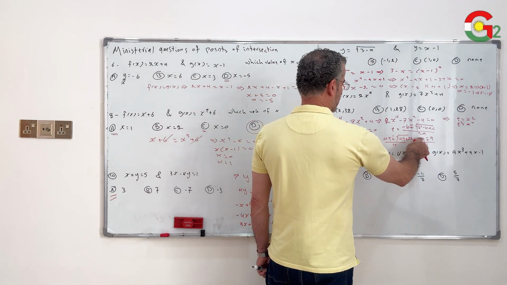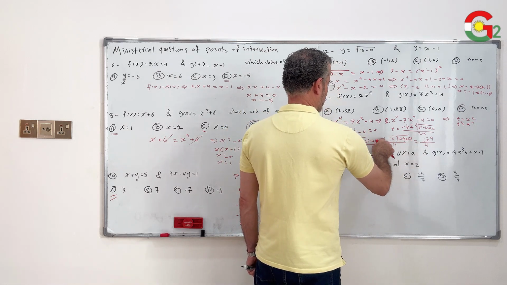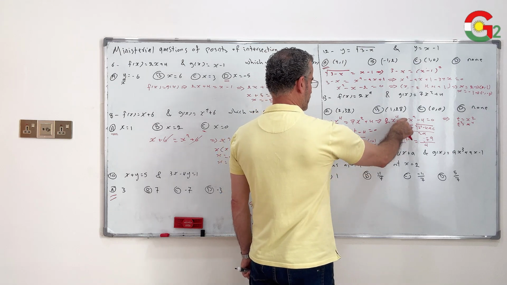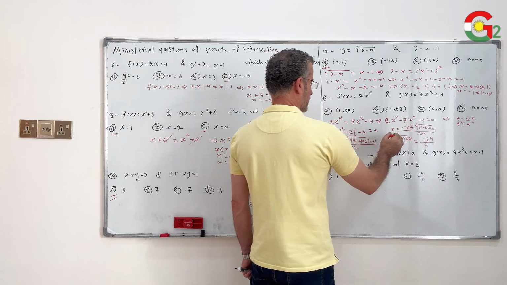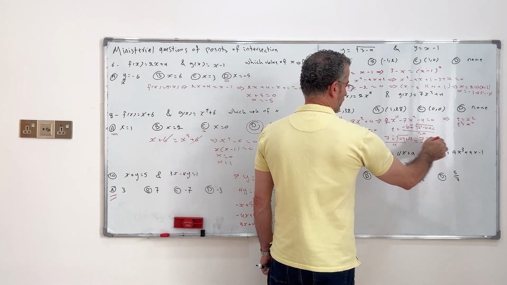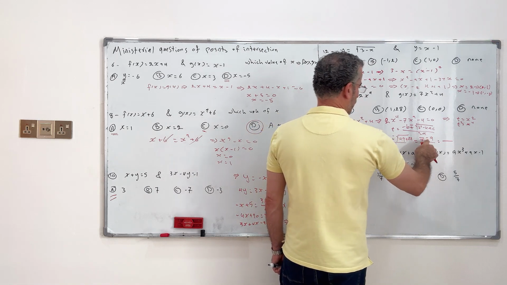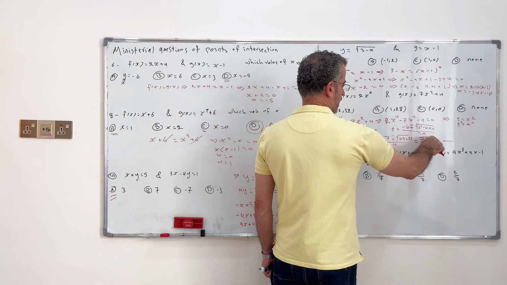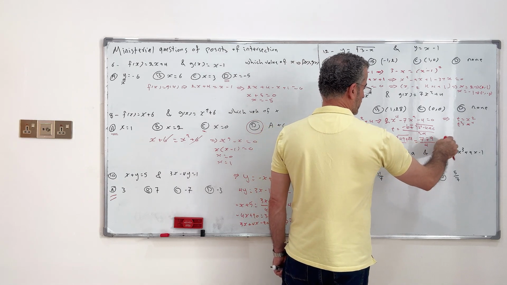Sorry, here it is minus b, minus minus 7, it is 7. Now, when the sign is positive, 7 plus 9, 16 over 4, it is 4.